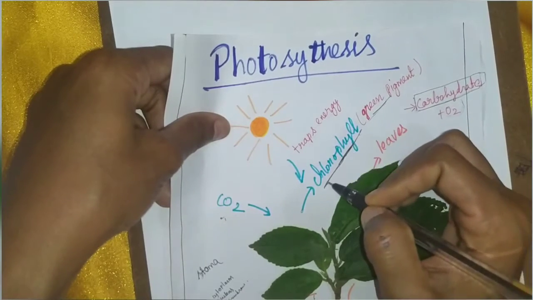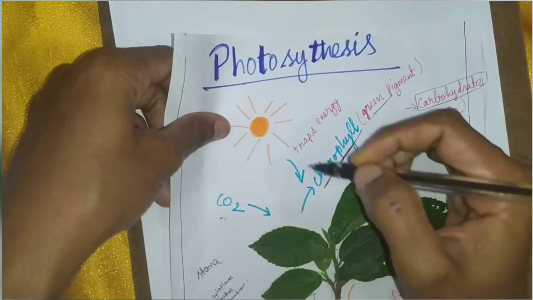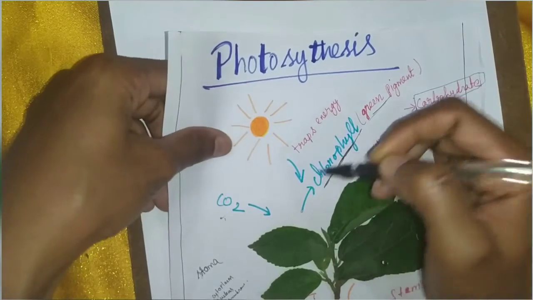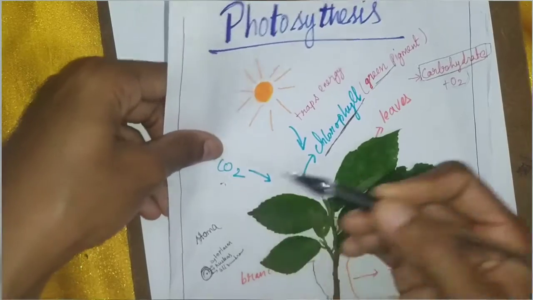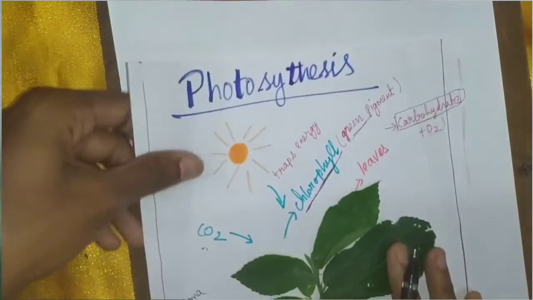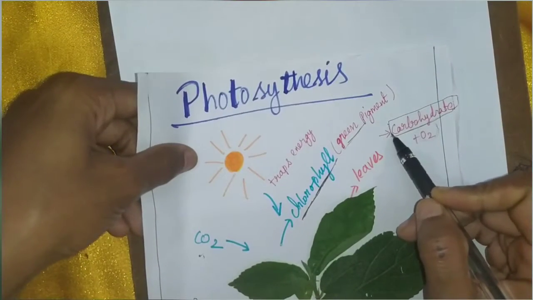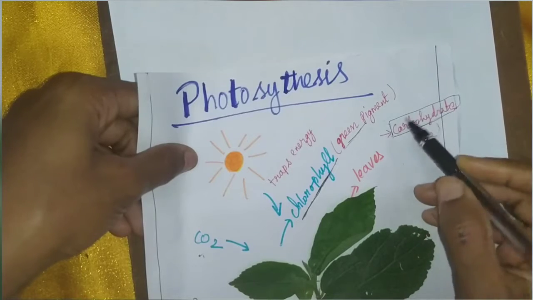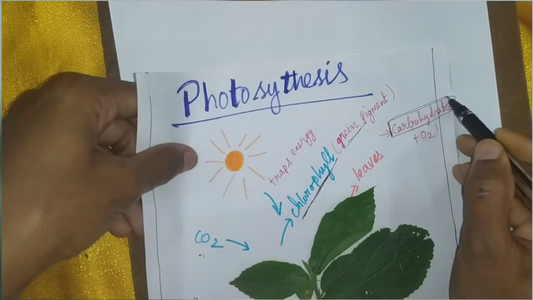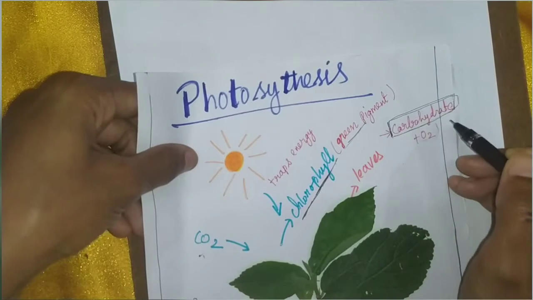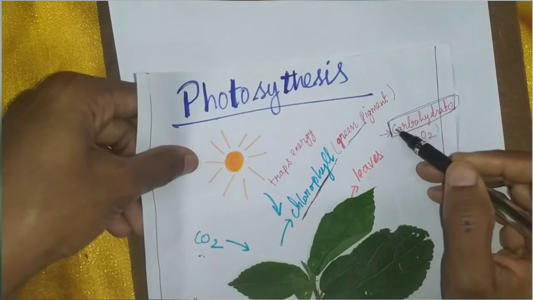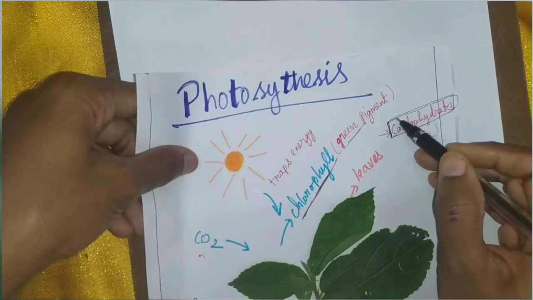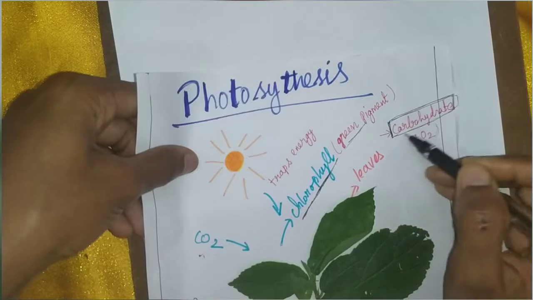With the help of chlorophyll, the plant traps energy from the sunlight and combines carbon dioxide, water and minerals and synthesizes its food, that is in the form of carbohydrate, nothing but simple sugars. It uses its food, carbohydrate, as instant energy.